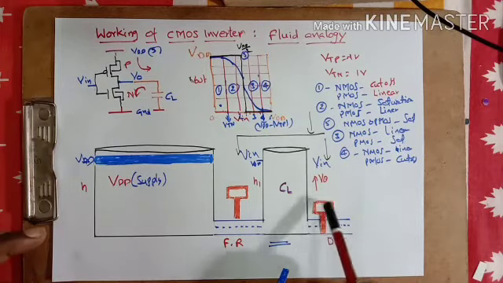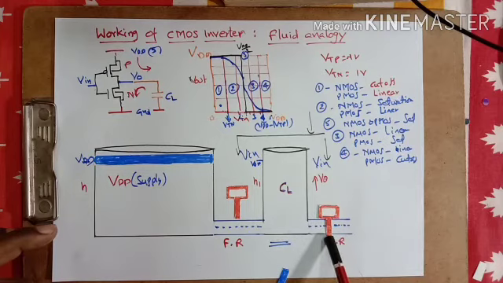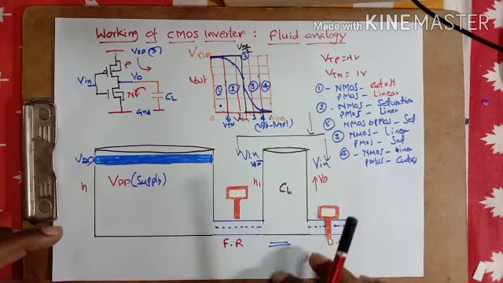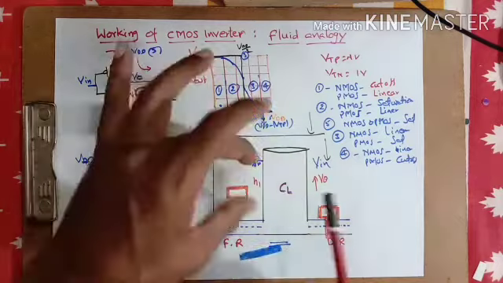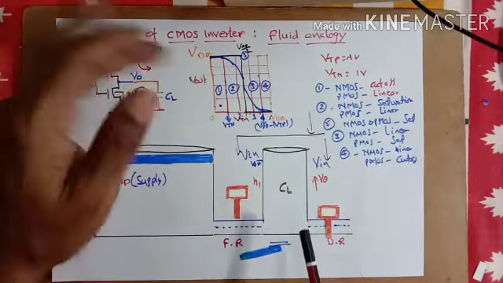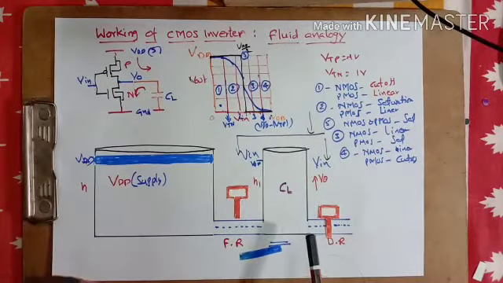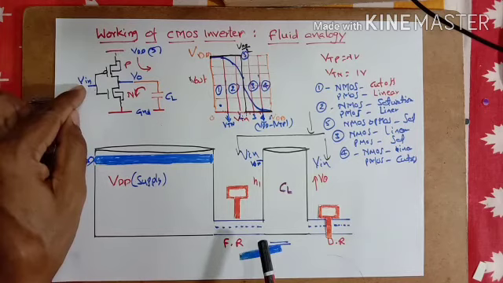The level to which the bucket is filled represents the output voltage, and the force that I apply on these two taps simultaneously represents the input voltage.